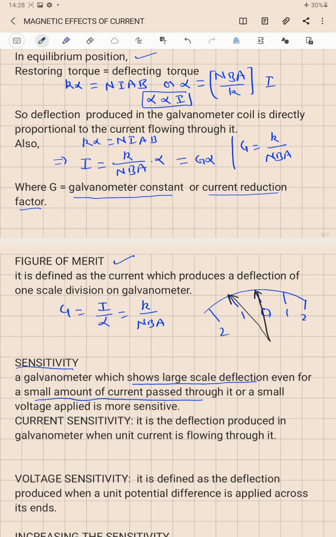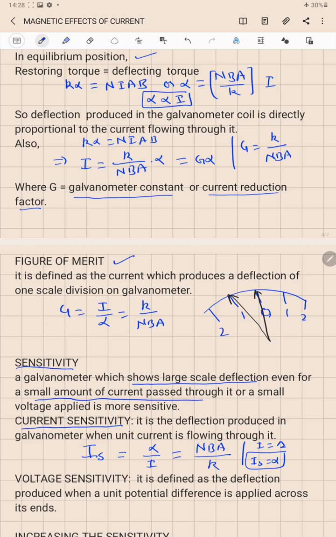Two sensitivities are defined for the galvanometer. One is the current sensitivity. It is the deflection produced in the galvanometer when a unit current is flowing through it, and it is represented as IS, I for current, S for sensitivity, which is equal to alpha over I, which will be equal to NBA over K. So you can say that if you keep I equal to 1 unit, then IS will be equal to alpha.